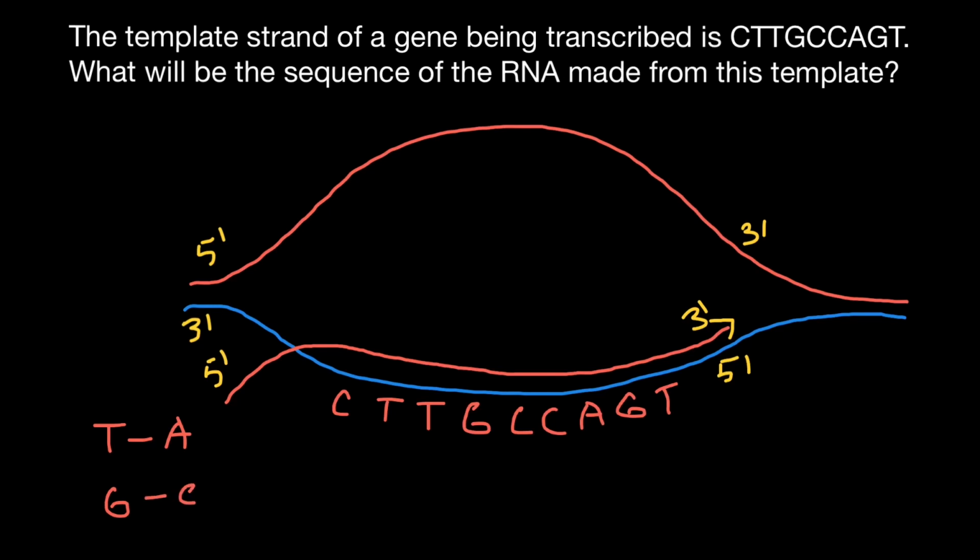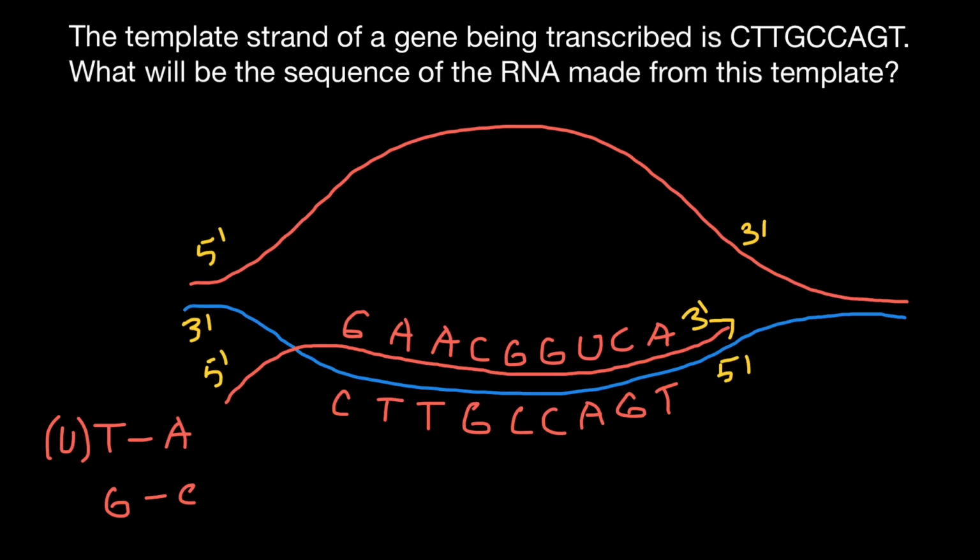But in messenger RNA, in RNA, thymine is substituted with uracil. The sequence is going to be as follows: guanine, adenine, adenine, cytosine, guanine, guanine, uracil, cytosine, and adenine. And what is going to be the sequence on this strand of the DNA?